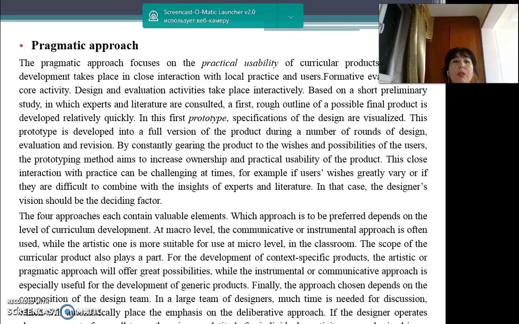The 4 approaches each contain valuable elements. Which approach is to be preferred depends on the level of curriculum development. At macro level, the communicative or instrumental approach is often used, while the artistic one is more suitable for use at micro level in the classroom.